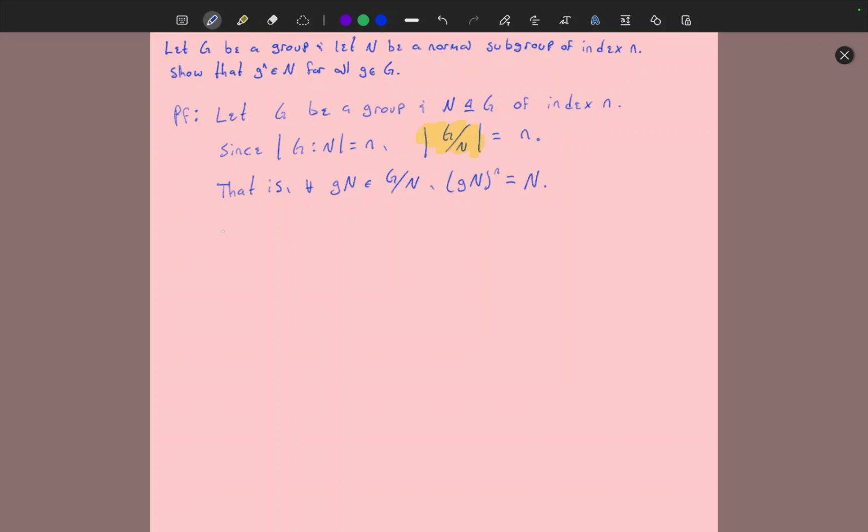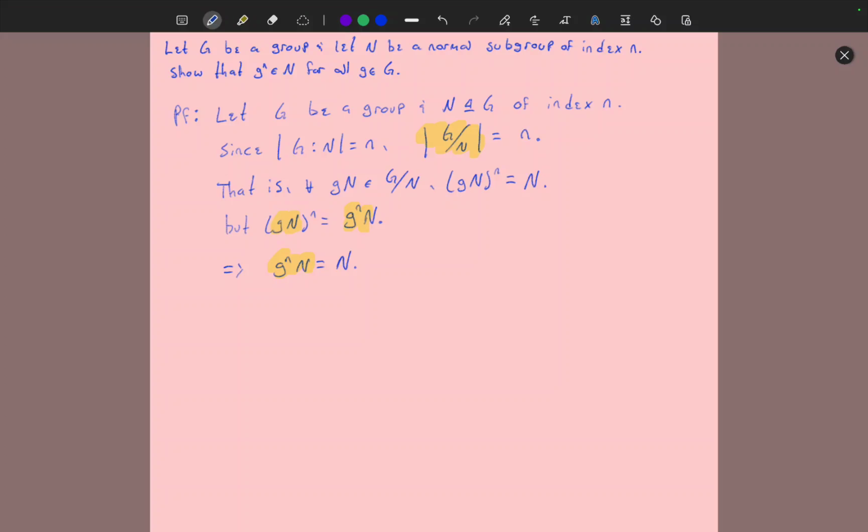But let's recall that what we have here is actually just equal to the coset g to the n operating on the left to the normal subgroup. And this implies exactly, by transitivity, that this is equal to the normal subgroup N. Now remember, these are just cosets here.